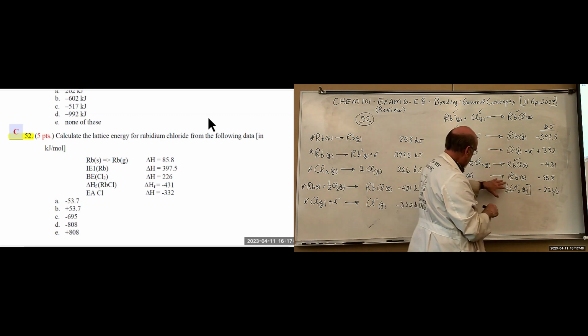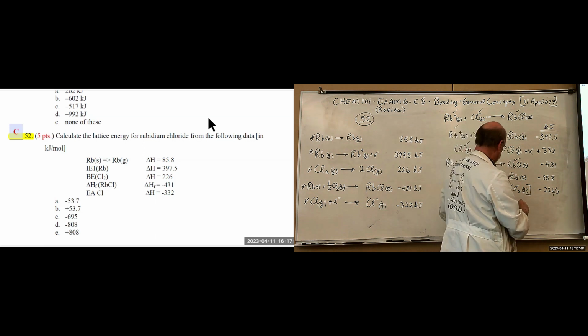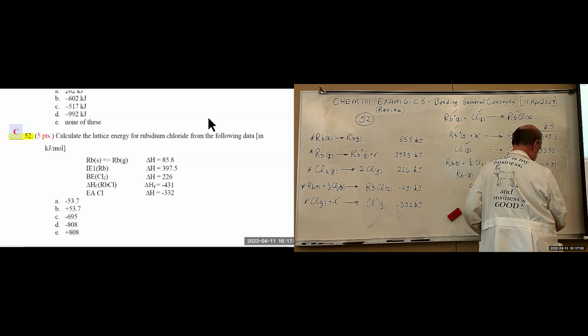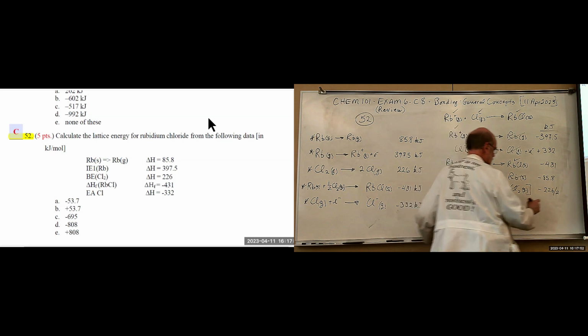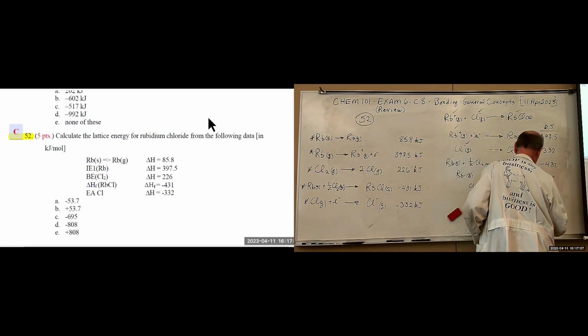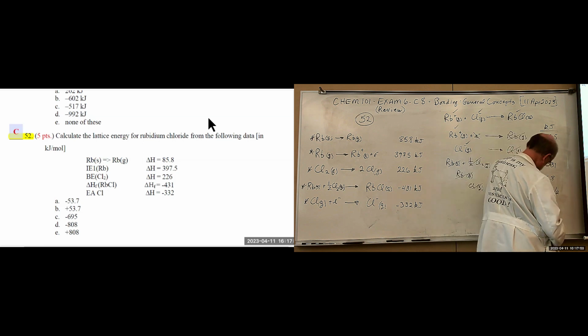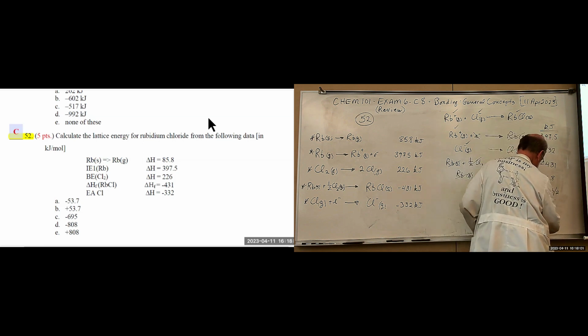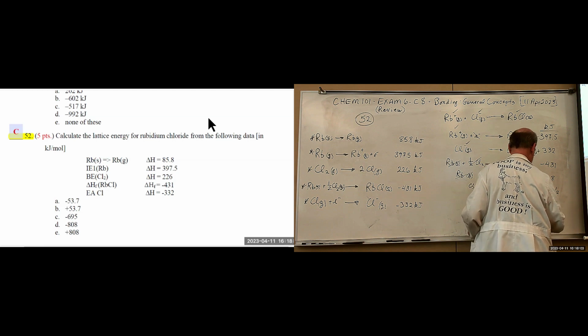So we don't have anything outstanding. All right, so we need 2 divided into 226, which is 113. That's a negative. That's a negative 113.